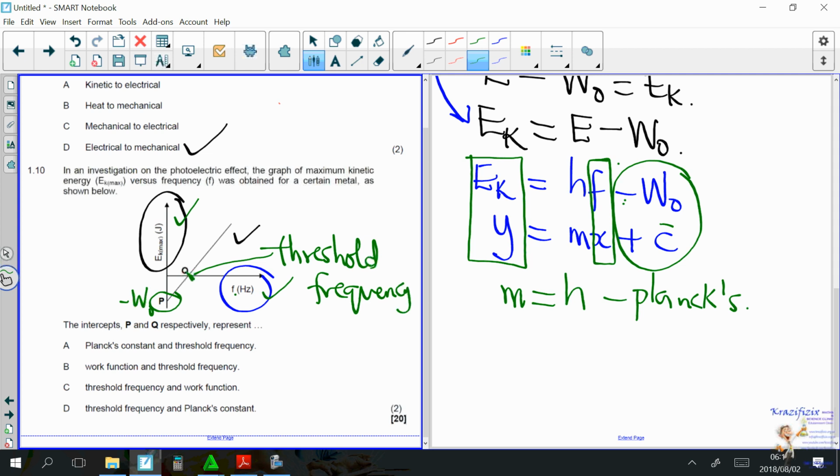Let's go check our options. Although we know, we're learning here, h equals Planck's what? Constant. So let's go see what the question wants us to do. The intercept P. What is P? Work function. Q. Threshold frequency. P, work function. Q, threshold frequency. We're correct.